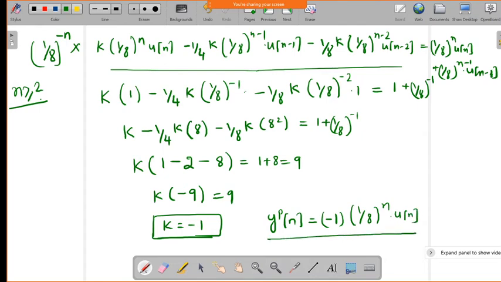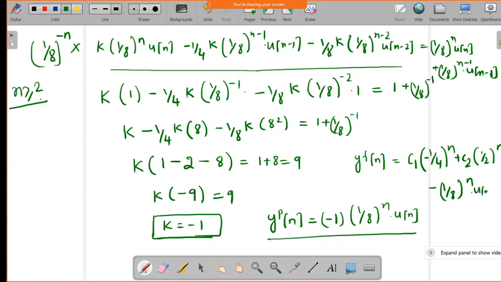Okay. So now you substitute this one and you will get the forced response yf of n, which is equal to C1 into minus 1 by 4 power n plus C2 into 1 by 2 power n minus 1 by 8 power n into u of n.